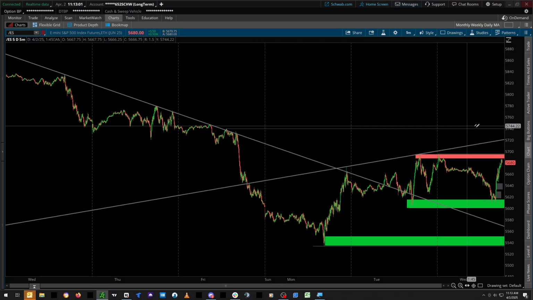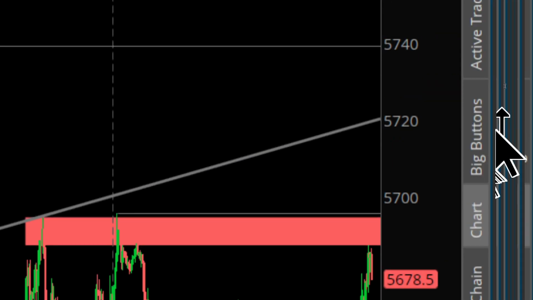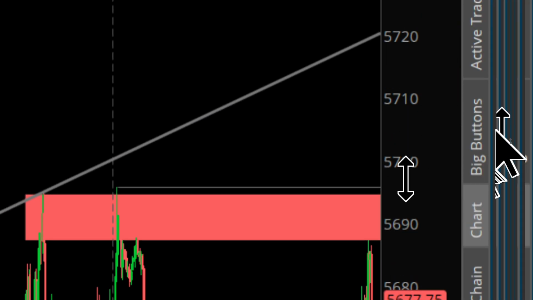When I'm talking about ticks, I'm talking about the fact that the ES, and let's just open this up a little bit, there we are.